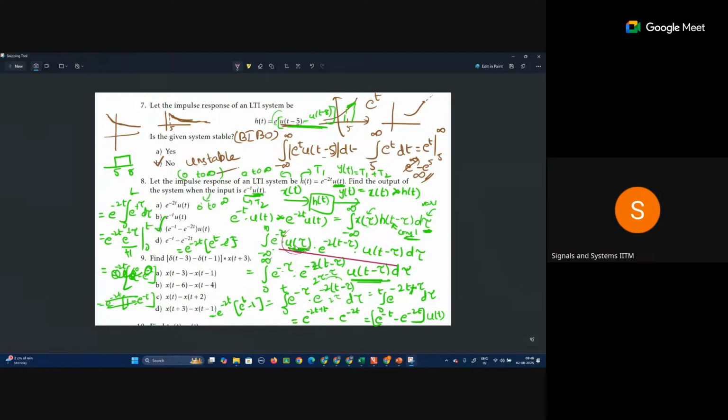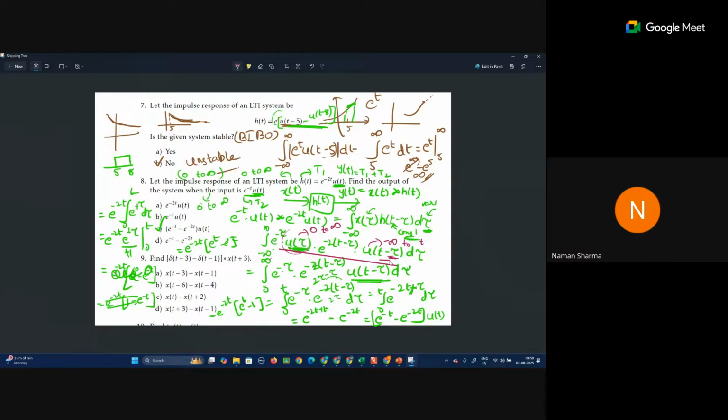u of tau ranges from 0 to infinity, and this one will be minus infinity to t, right? Check the tau here.